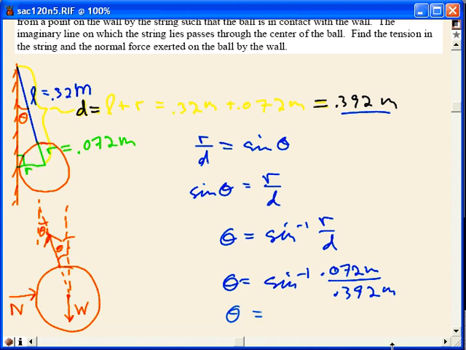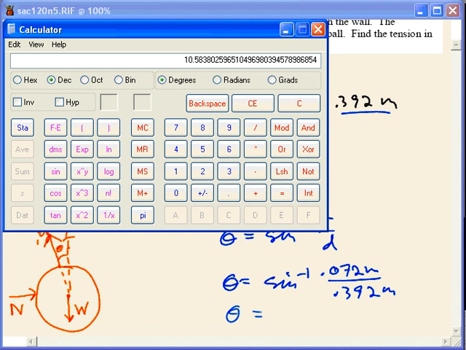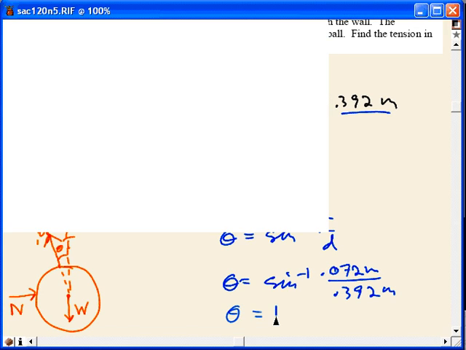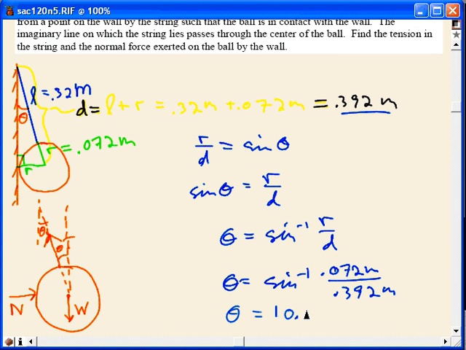Theta is equal to 10.58 degrees. Alright, I'll need that.